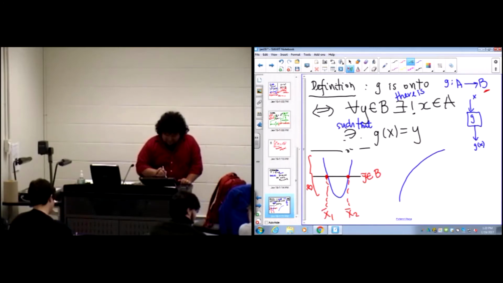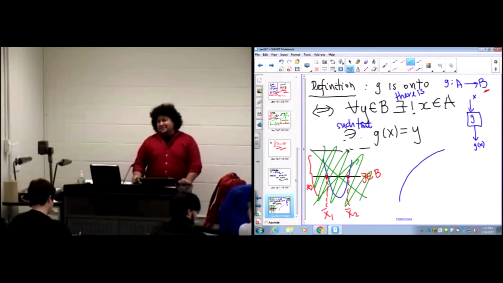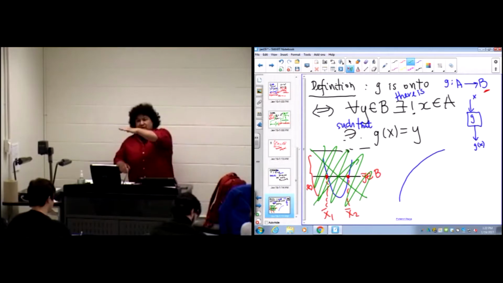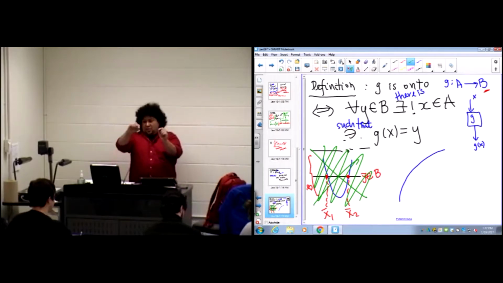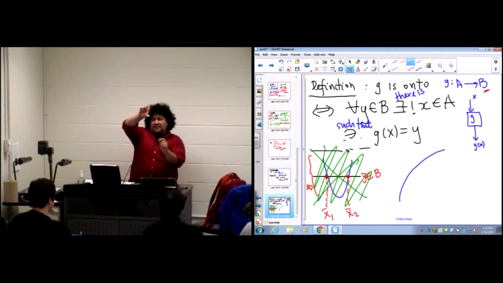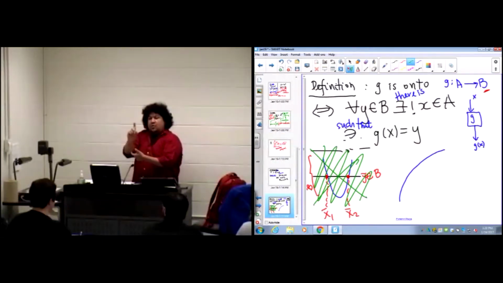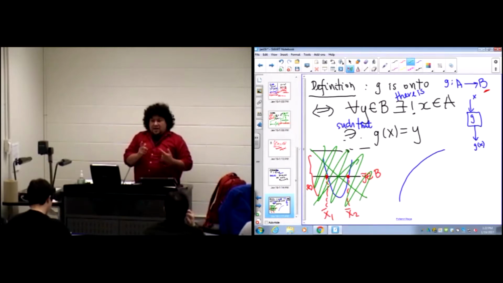This here is not onto. Because you draw the horizontal, and then when you try to go from the vertical axis back to the domain, you end up with more than one. That is still a function.